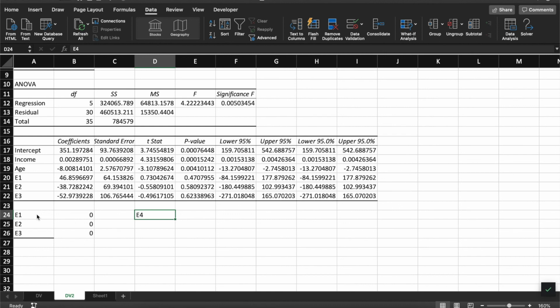It's just the difference compared to the base category, but here education has more categories than gender, which means that we have to include more dummy variables. But all the coefficients are in relation to the omitted category, which is the base category that you leave out. And that's, of course, all holding age and income constant.